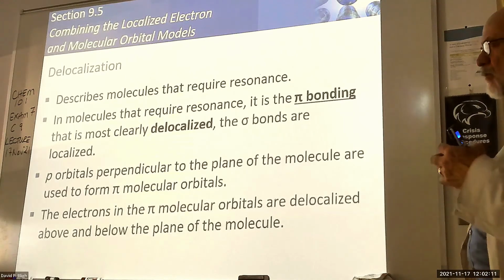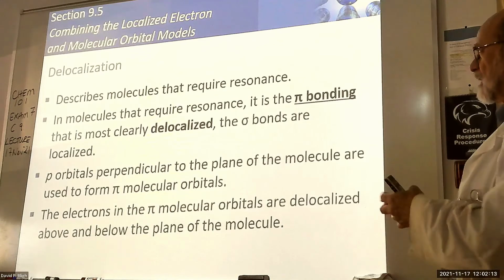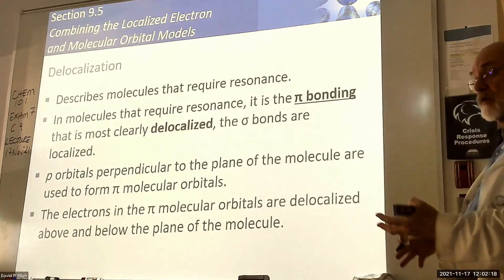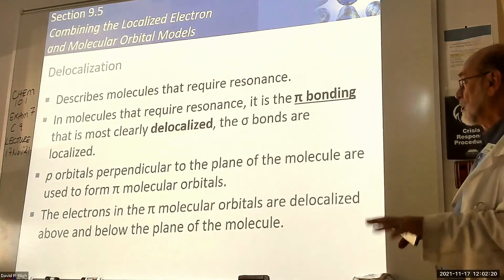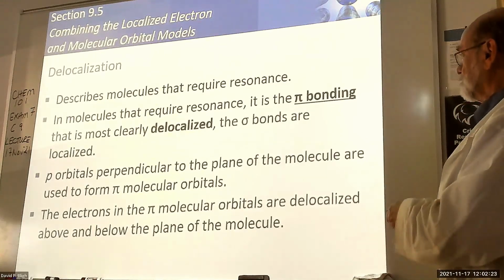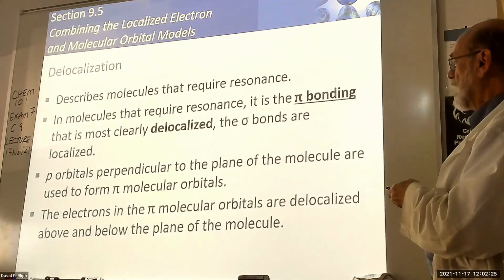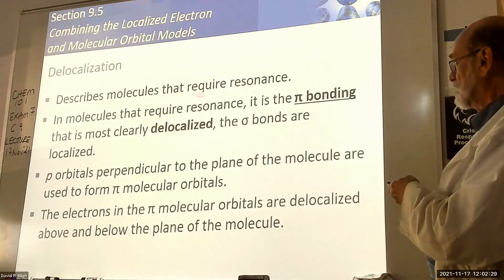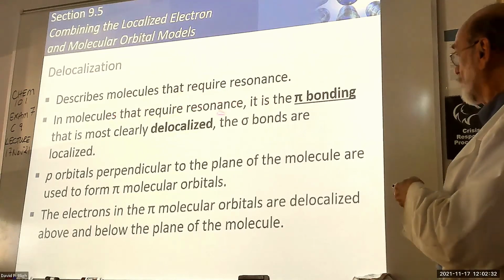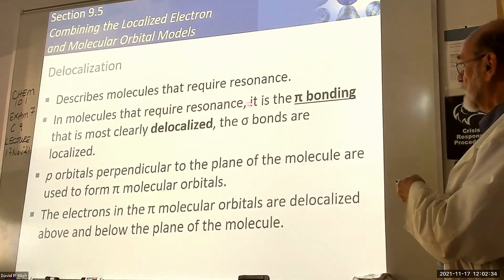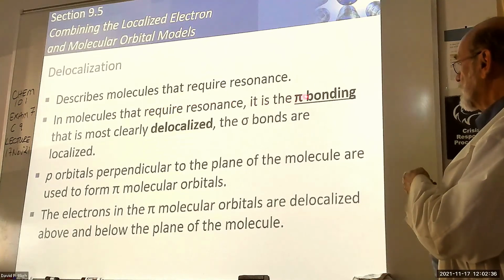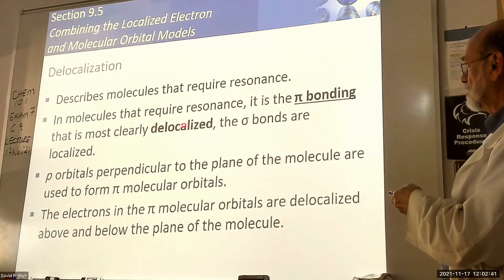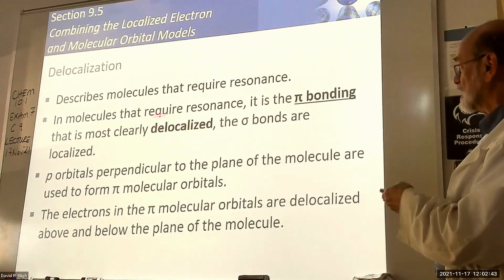I mentioned earlier when we first introduced molecular orbital theory that the electrons are delocalized over the molecule. In other words, they don't belong to any atom anymore. And this concept is useful for explaining resonance. In molecules that we normally require resonance for, it's the pi bonding where the delocalization occurs.